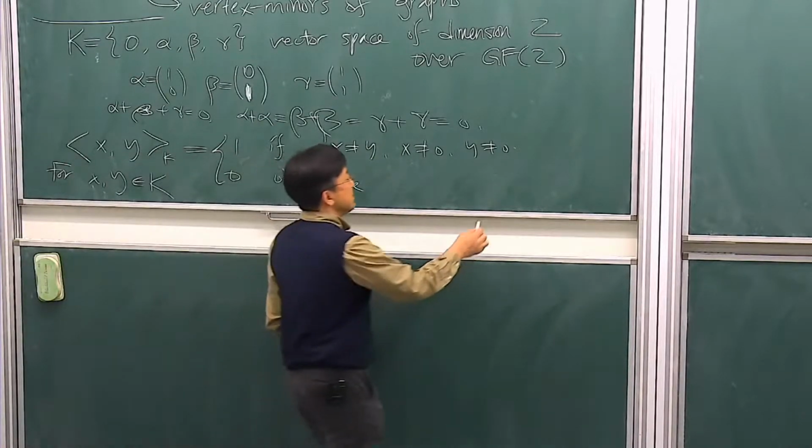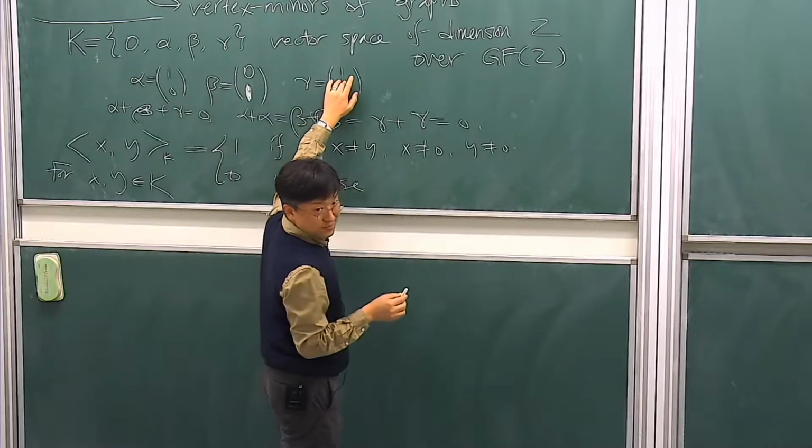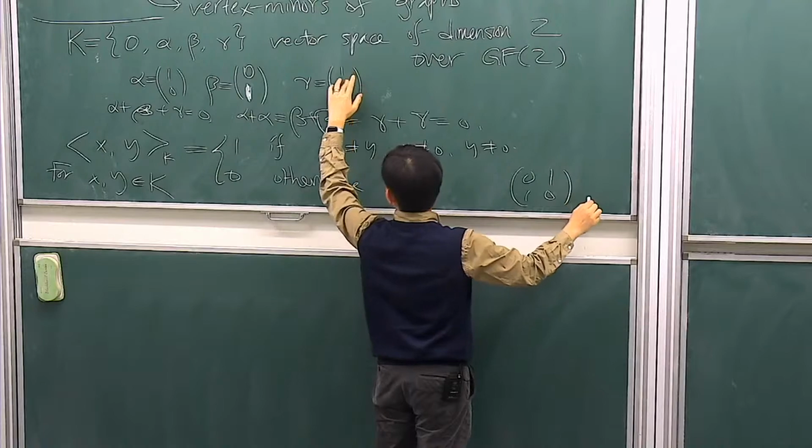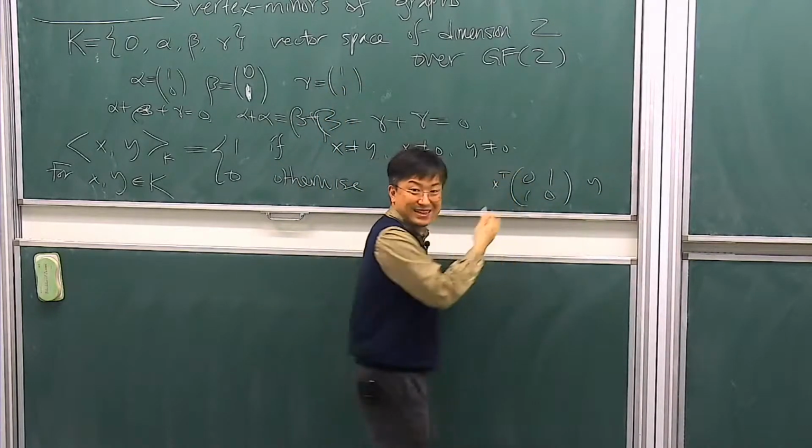For instance, if you write this in matrix form, you can have something like y and x transpose.